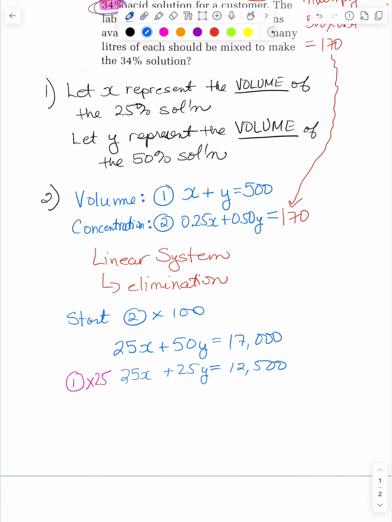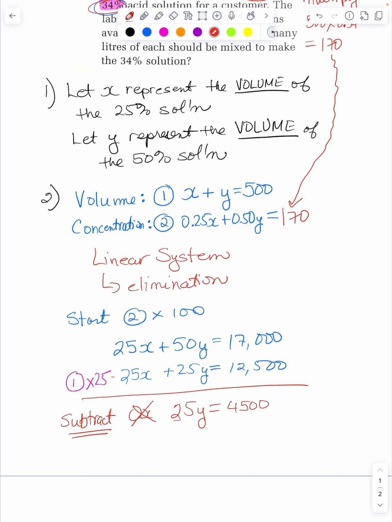For elimination, what I can do now is subtract. When I subtract, I get 25 minus 25 is 0x. That's gone. It has been eliminated. 50 minus 25 gives me 25y, and 17,000 minus 12,500 gives me 4,500.